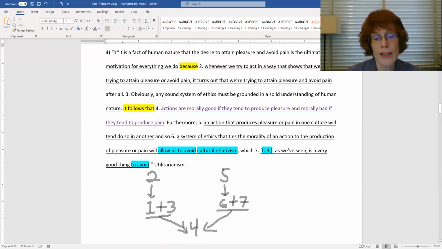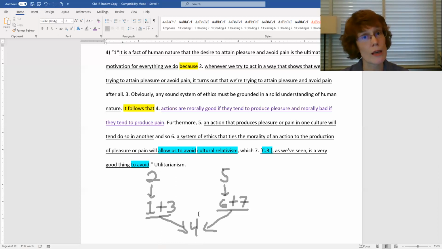Now, I don't think this argument is laughably awful over here on the left. If I were to challenge it, I might challenge it in 3. I might say, well, yeah, we have to understand what humans are like when we come up with our ethical system, but we don't need to be guided entirely by what humans are like, because maybe what ethics are supposed to do is control the way we behave and have us do something else, right?